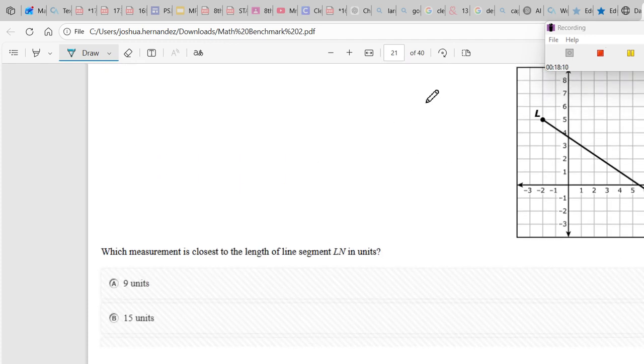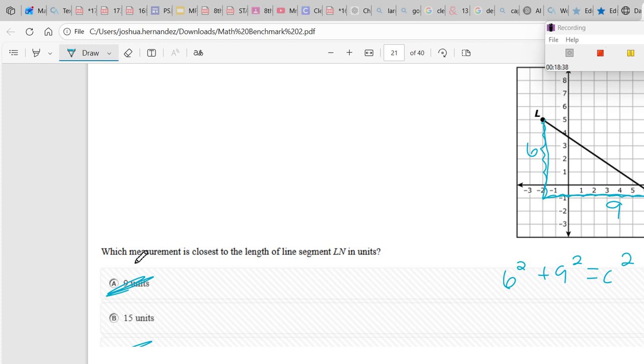Oh, this one's easy. Line measurement. So basically create a right triangle. 1, 2, 3, 4, 5, 6. 1, 2, 3, 4, 5, 6, 7, 8, 9. So we're going to go with 6 squared plus 9 squared equals C squared. I'm going to tell you this much. This has to be longer than 9, so it can't be that one.